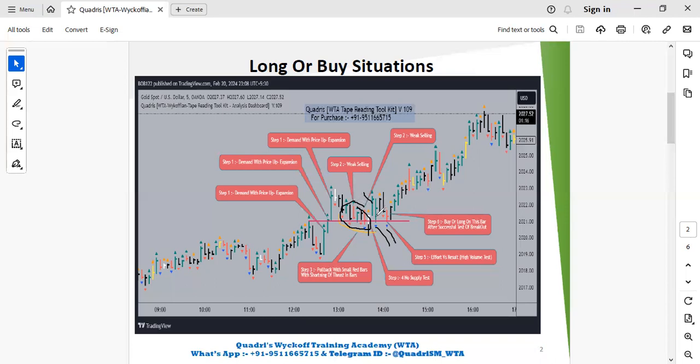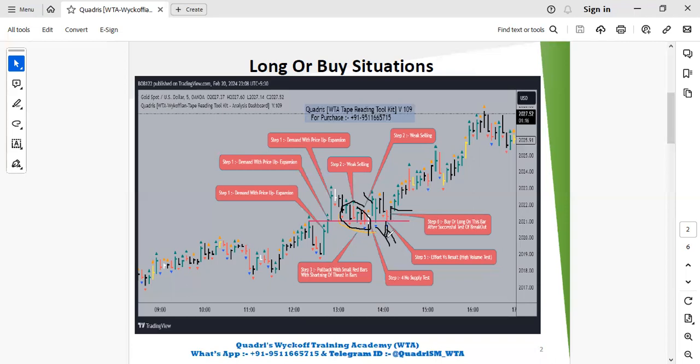And after that, we are seeing demand supply imbalance. And this is the last effort to take this market down by the sellers, followed by the supply. And after this kind of bar, this is quite obvious. You will see this weak demand kind of bar. A neutral bar with a green triangle, with an orange triangle, suggests there is weak demand.